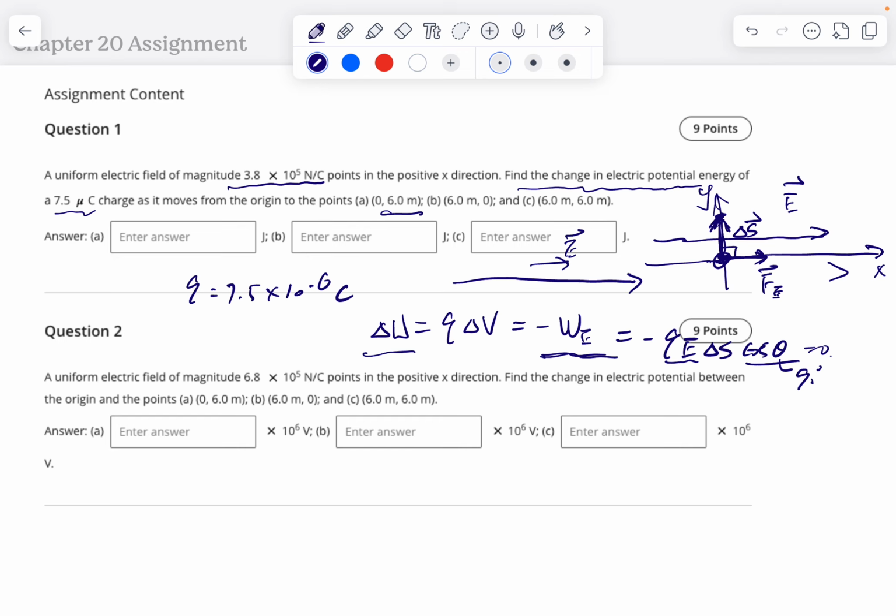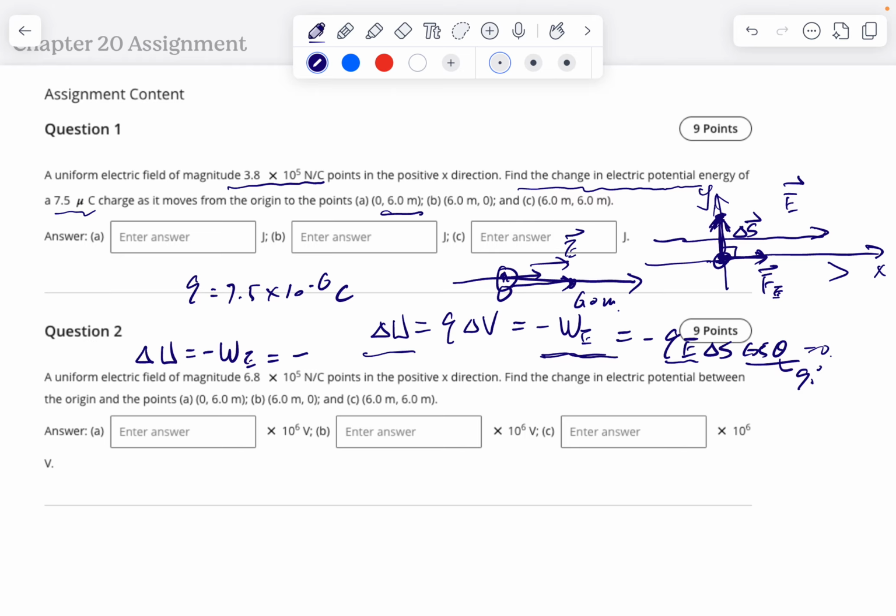This is the electric field, and this is the origin, so from here to here, say this is 6.0 meters. In this case, this is the field, this is the charge, this is the electrical force, this is the displacement. You see, electric force and displacement are parallel to each other. Keep going. Delta U equals negative work done by electric force.